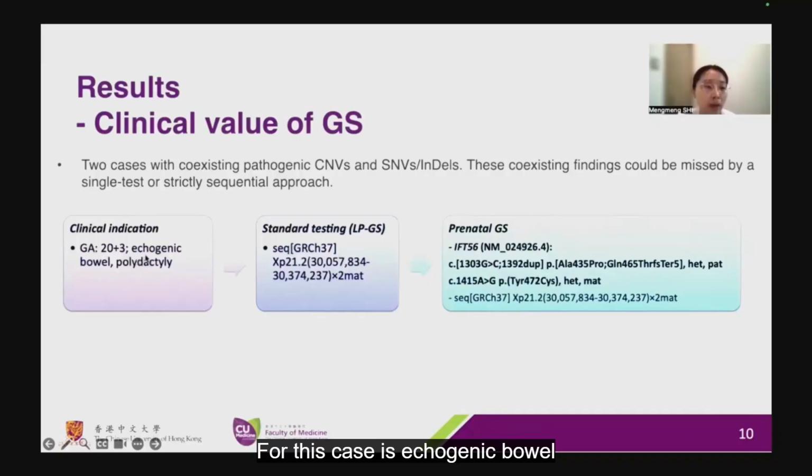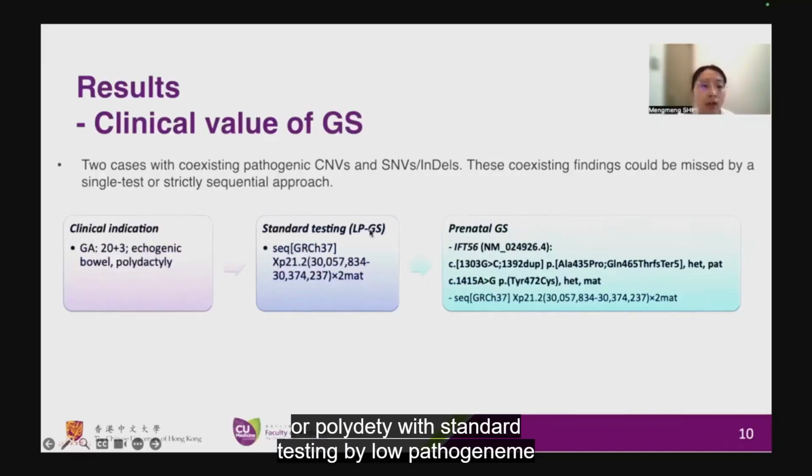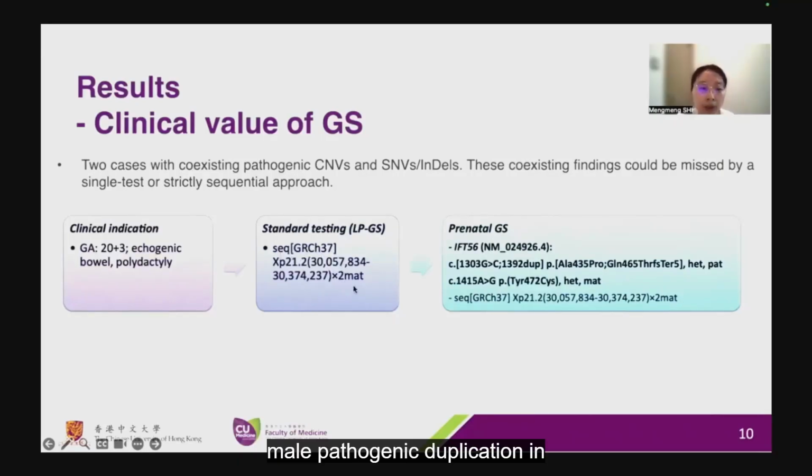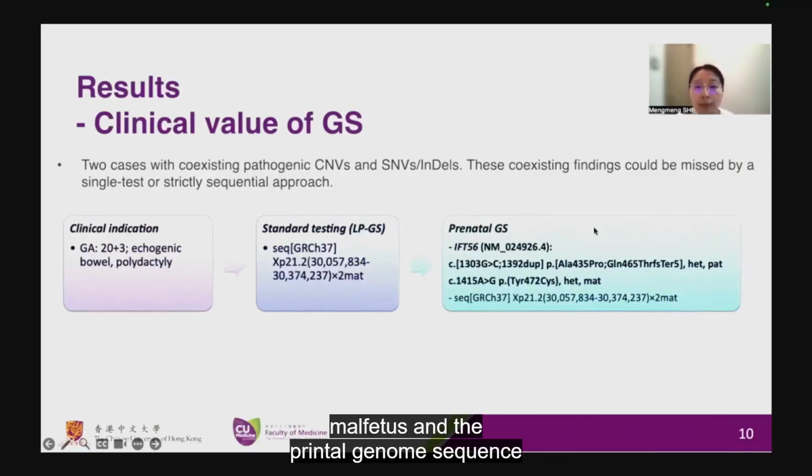For this case, there was echogenic bowel or polydactyly, and the standard testing by low-pass genome sequencing revealed a pathogenic duplication in a male fetus.